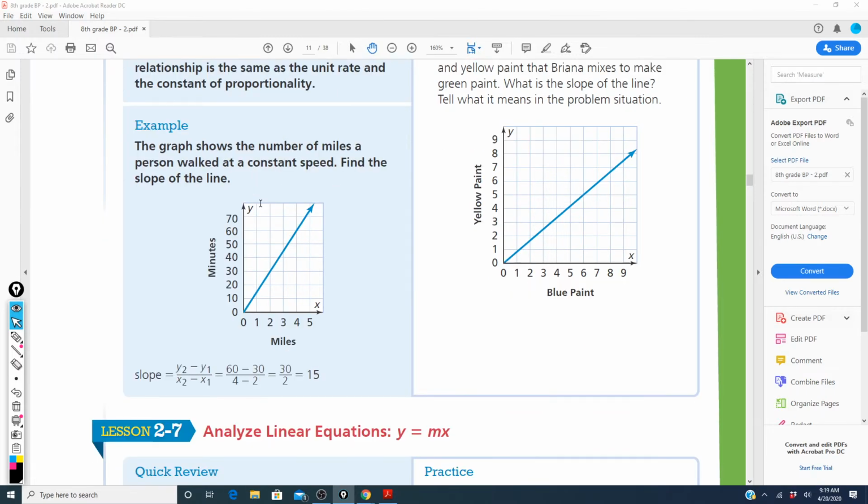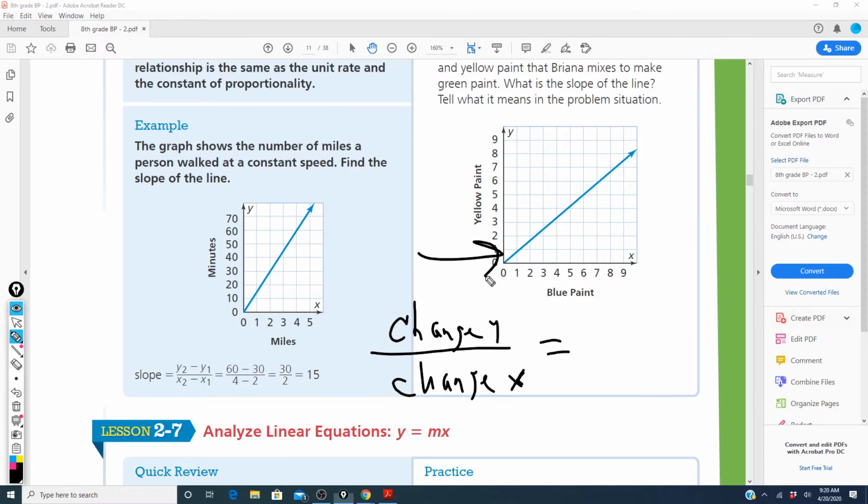Now, when we want to find the slope of the line, we have to say, well, what is our change in y over our change in x? Change in y over your change in x. Okay.